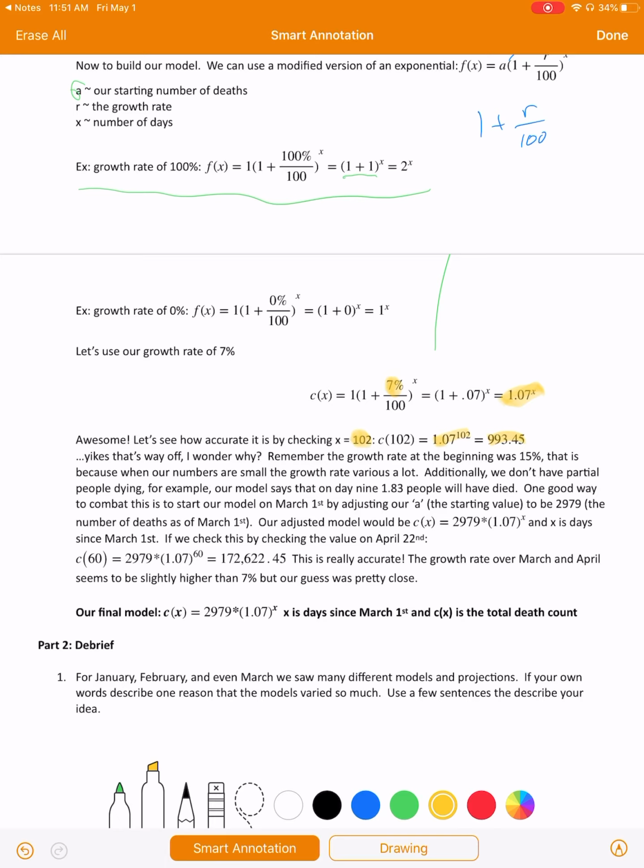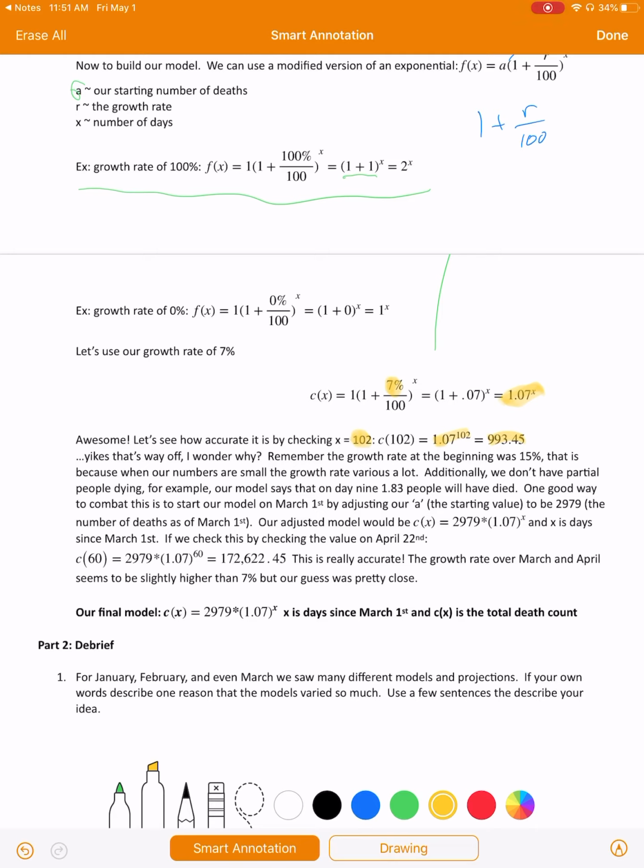But if it hits a community where there's a large majority of elderly folk, we may see that death rate go up, right? And so being able to account for different factors like that is why we have people whose jobs it is to look at all of those factors and adjust the growth rate based on those sorts of things. And so what we did here is just a basic guess, but you can see that it was relatively accurate.